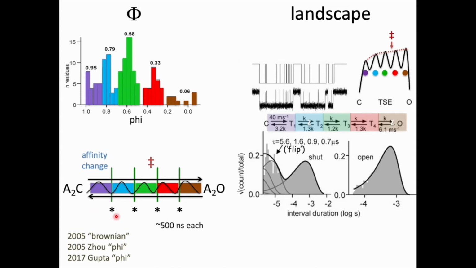But right now, there's no real structural information about these intermediate states. So the affinity change occurs at the beginning of the sequence. That's hold. There is passage through 4 intermediate states and a transition state that sits somewhere between the end of the third and the fourth transition inside the gating isomerization. All this we learned from phi, the map of phi, from the distribution of phi.